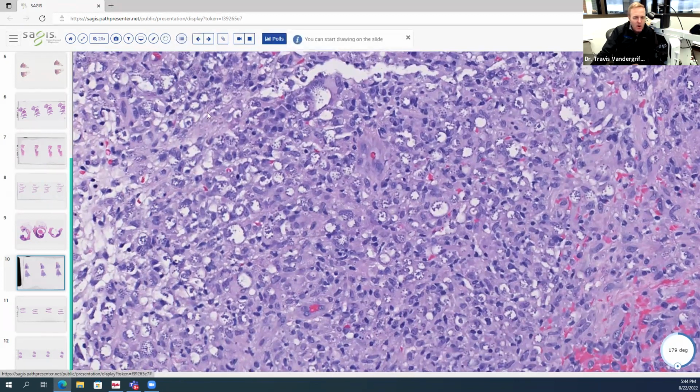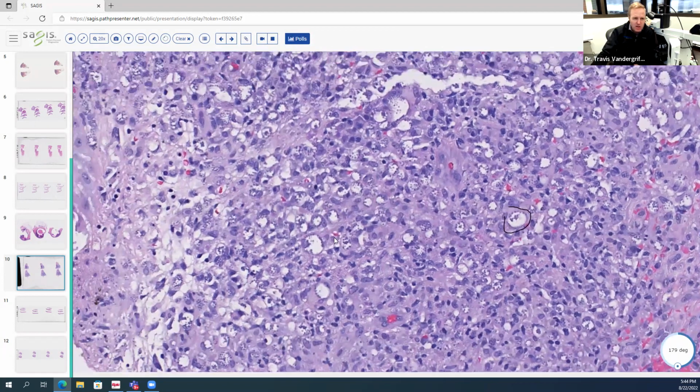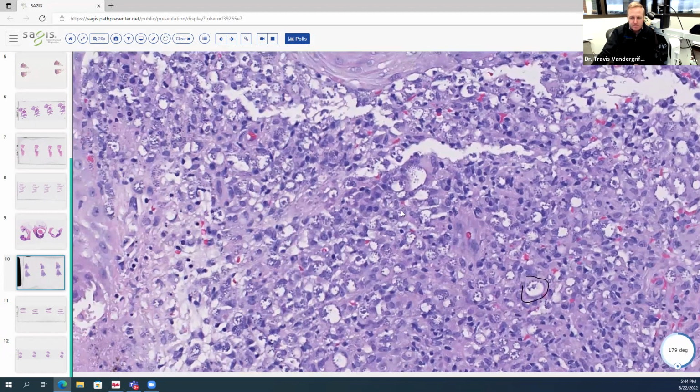These organisms are really small. In fact, they're so small that the details can be a little bit hard to see, especially on a scanned slide. If you had a microscope with a 40x objective, you'd probably see just a little bit more clarity or detail on these organisms. But look how small they are. You can tell that they're small if you compare them to an erythrocyte or a lymphocyte.